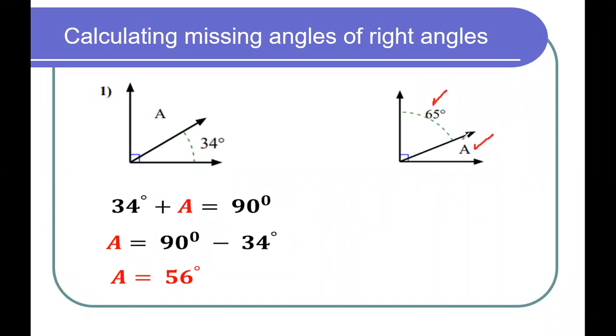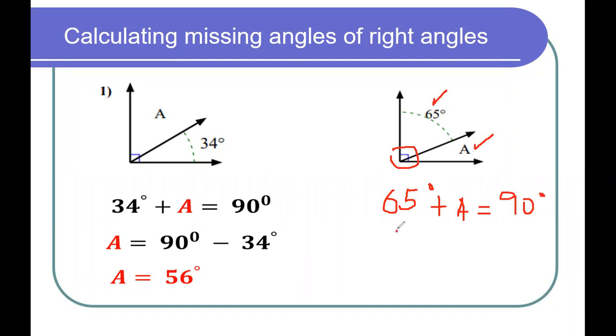What will be angle A to make 90 degrees? Why is it 90 degrees? Because we have a right angle, which is 90 degrees. So we will do again 65 degrees plus angle A equals 90.